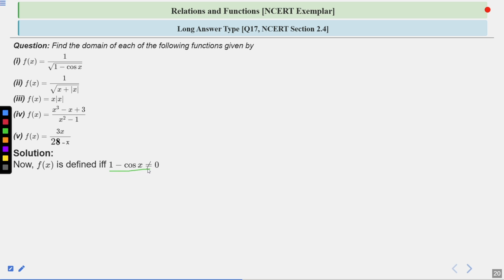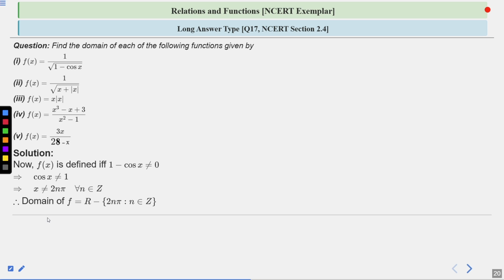So 1 minus cos x must be non-zero. So we get the condition that cos x must not be 1. And we know for what values of x it is 1: x cannot be a multiple of 2 pi, 2n pi, where n belongs to the set of integers. Therefore, the domain is simply all real numbers except the numbers 2n pi, where n belongs to the set of integers. Clear?